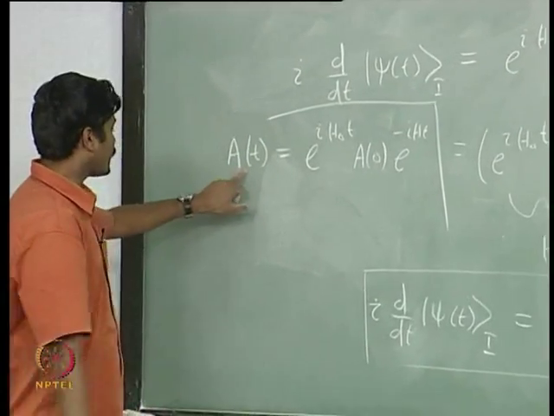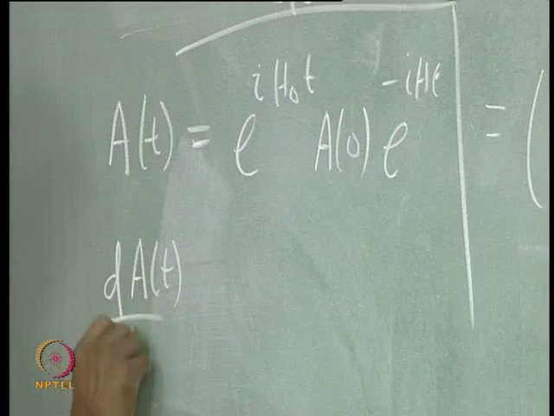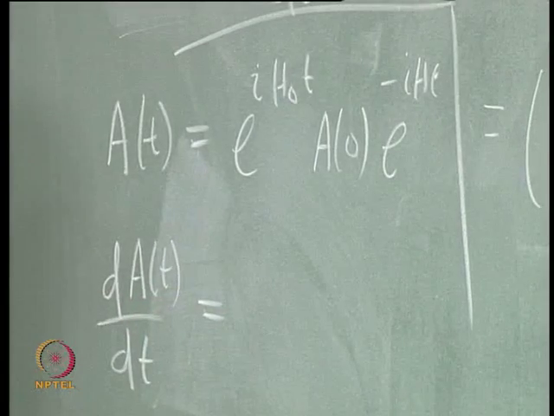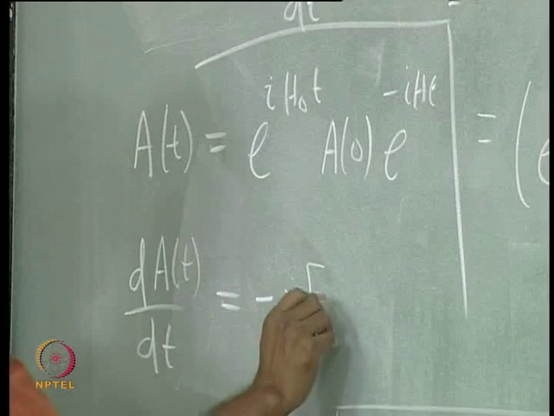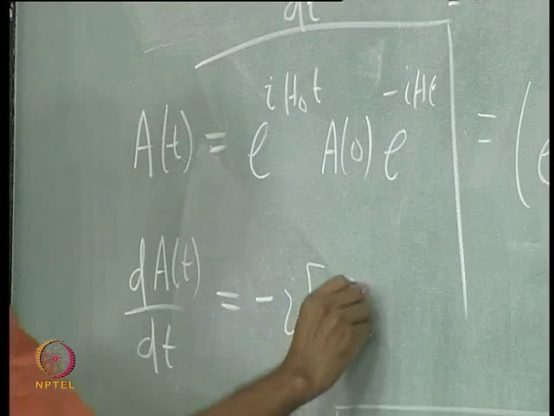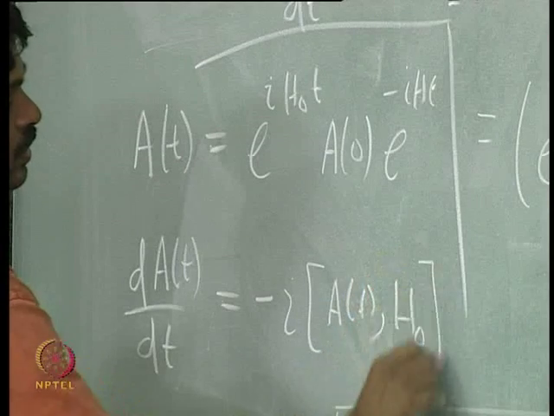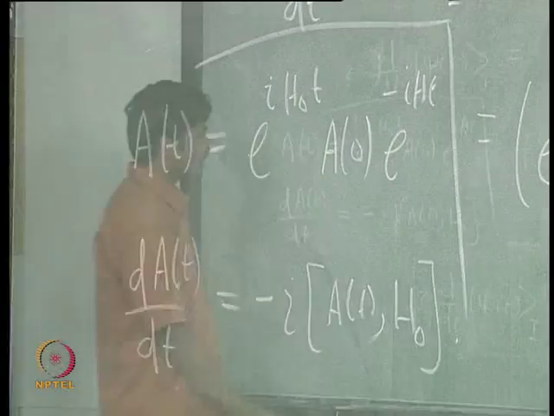Therefore, this A of t obeys a Heisenberg equation of motion as if the Hamiltonian is the free Hamiltonian. So, dA over dt is minus i commutator of A and H0, where H0 is the free Hamiltonian.